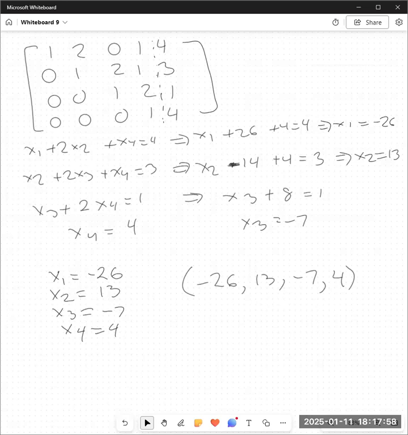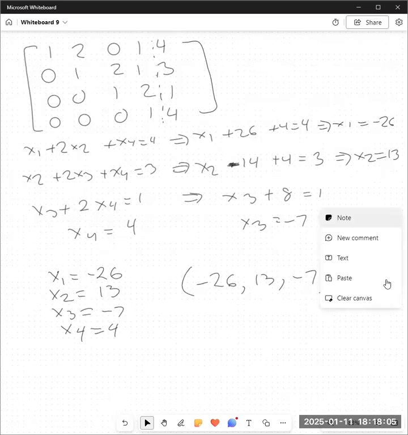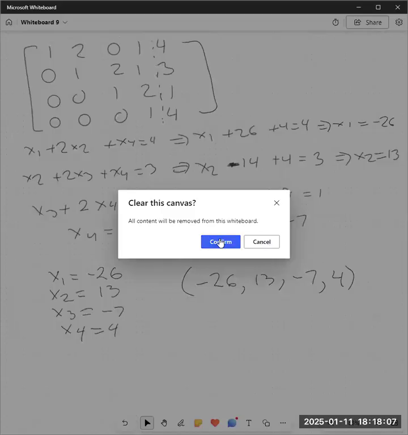Let's go ahead now and look at number 21, which asks us about row echelon form. For something to be in row echelon form, all rows of zeros must be at the bottom.